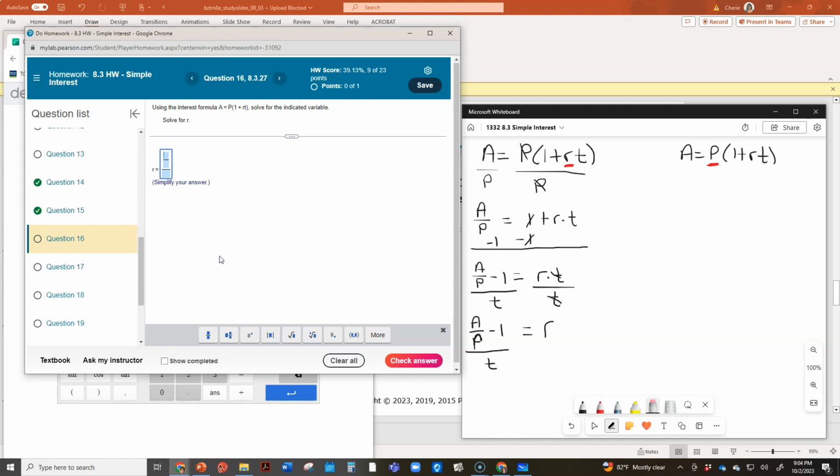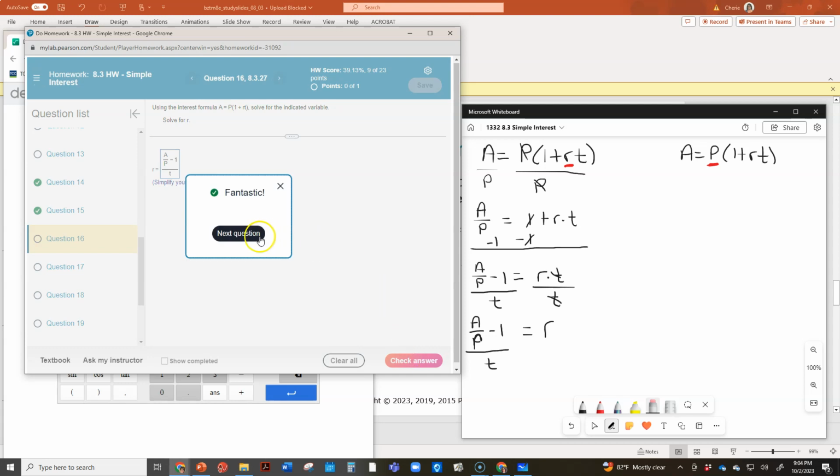A over P, and then do minus 1. I'm working literally in the dark. Why I don't turn on a light, I don't know. Lowercase t. Check the answer. There you go.